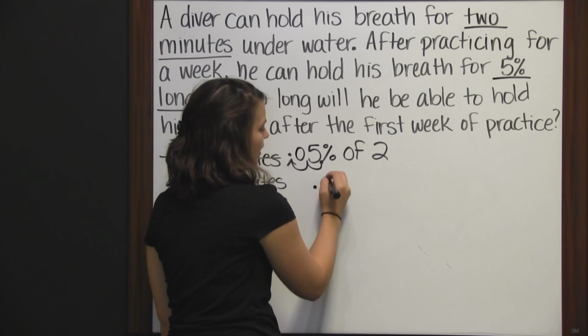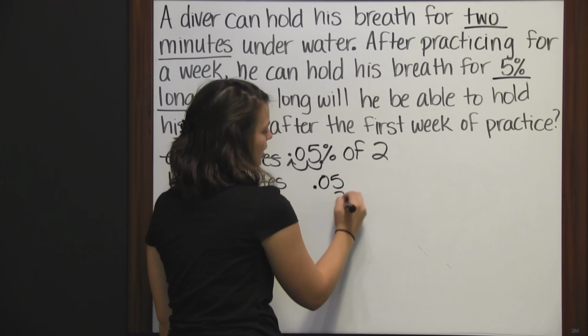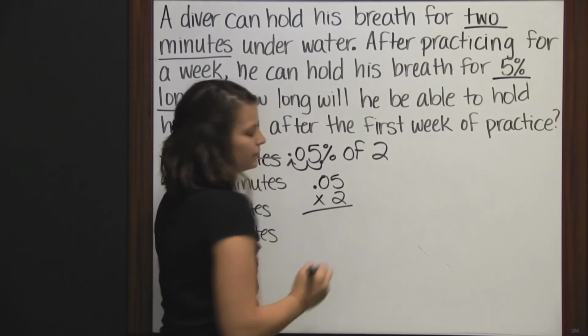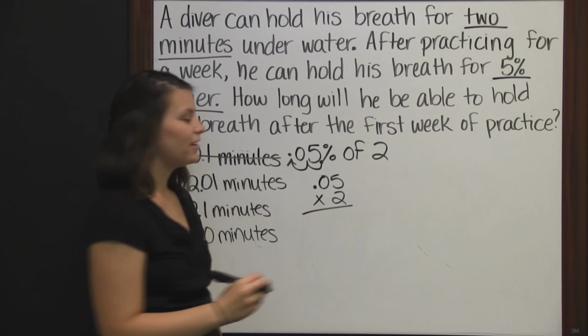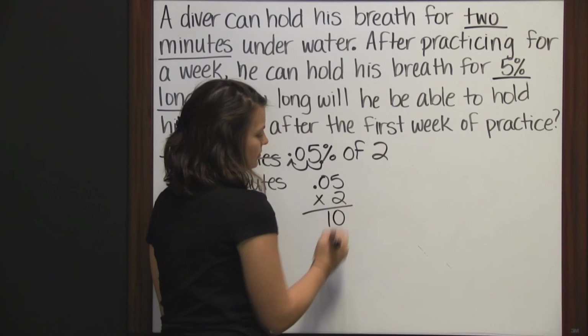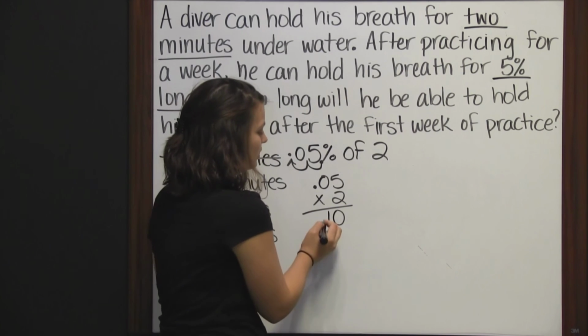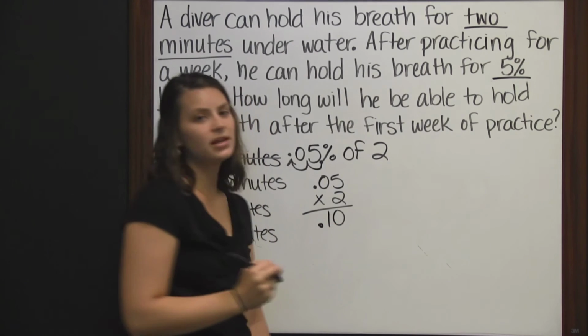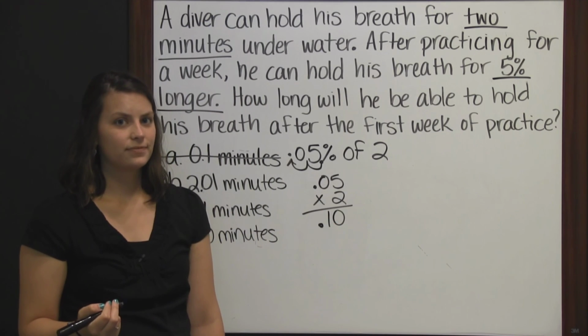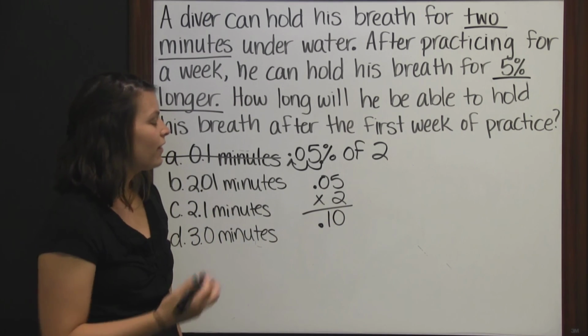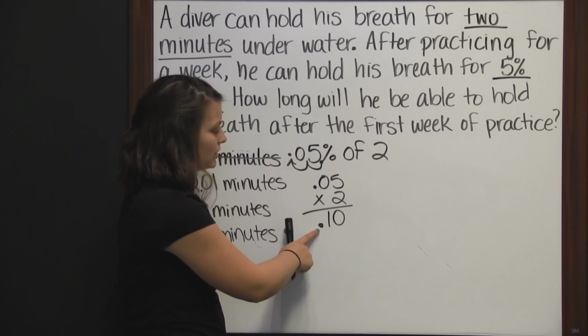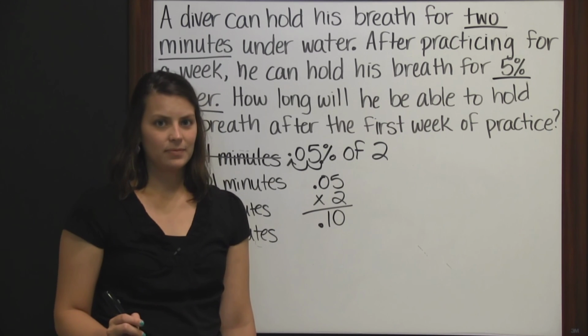So we have 0.05 times 2. 2 times 5 is 10. 2 numbers behind the decimal means that we have 2 numbers behind the decimal in our answer. 5% of 2 then is 1/10.